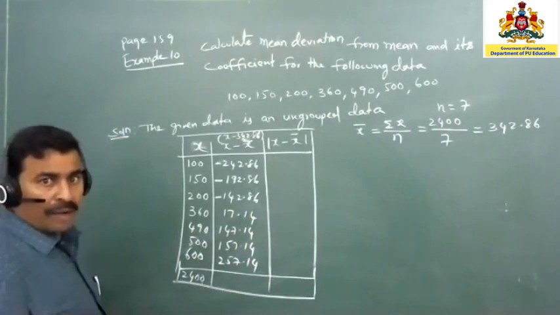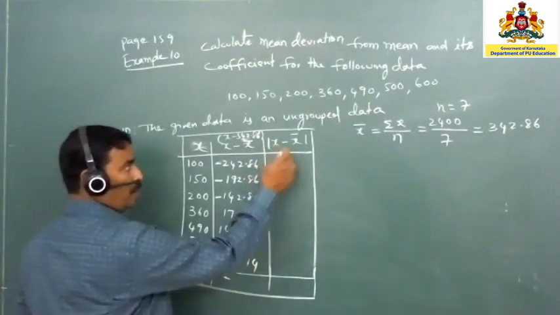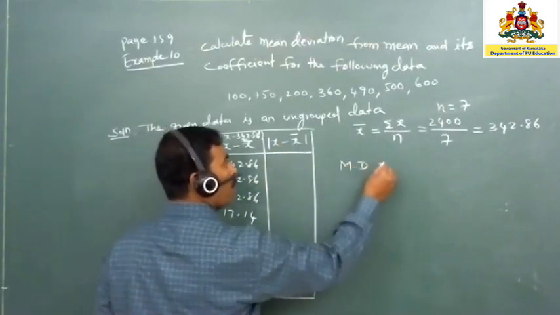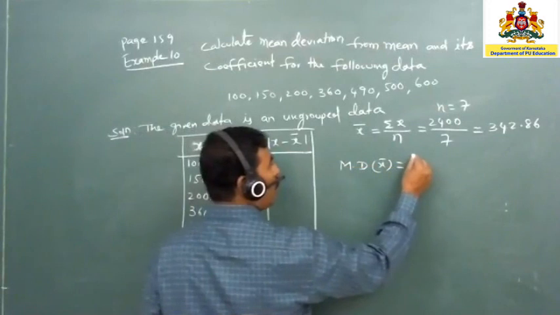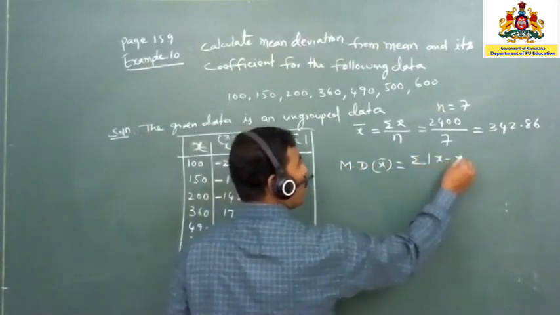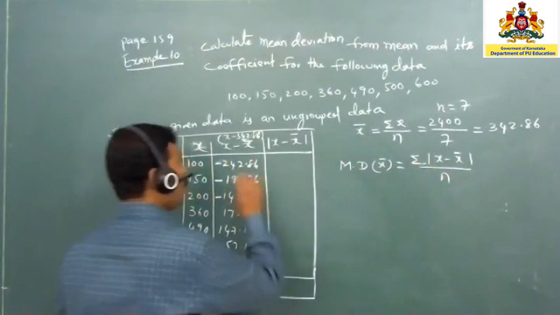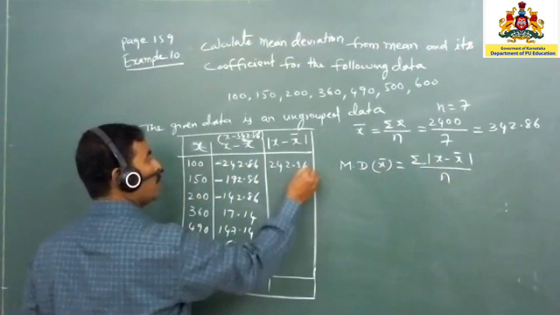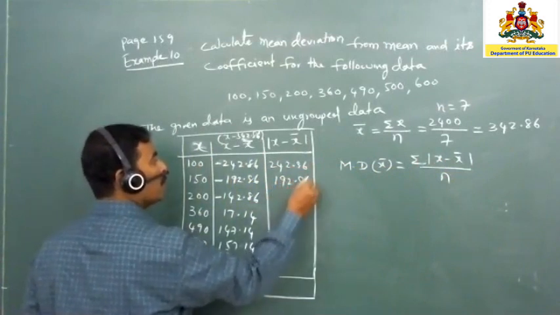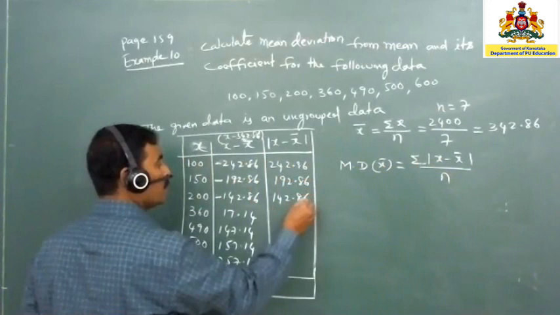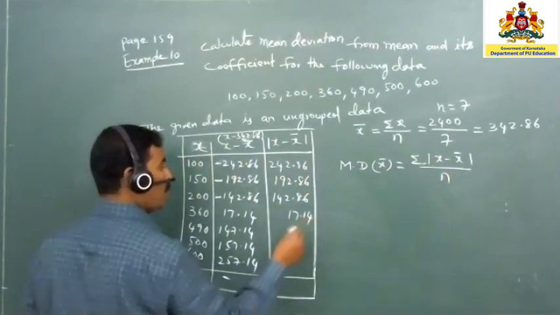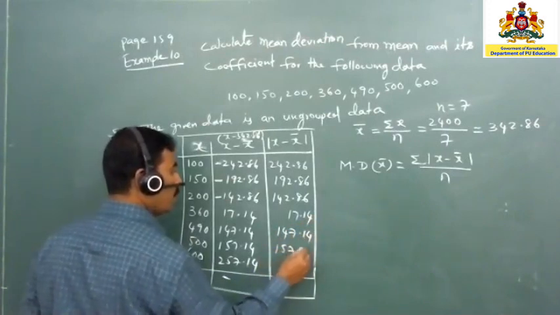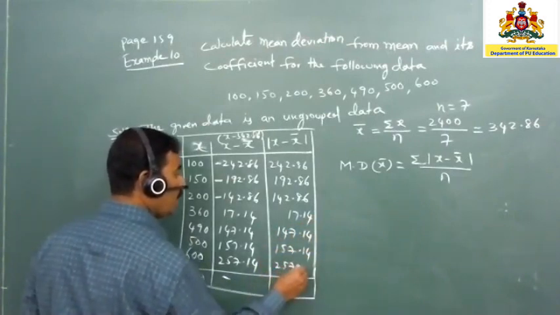Now ignore the signs of deviations. In the formula, mean deviation from mean for ungrouped data equals summation modulus of x minus x bar by small n. So write the modulus values as positive: 242.86, 192.86, 142.86, 17.14, 147.14, 157.14, 257.14.